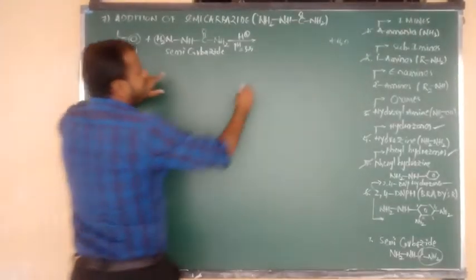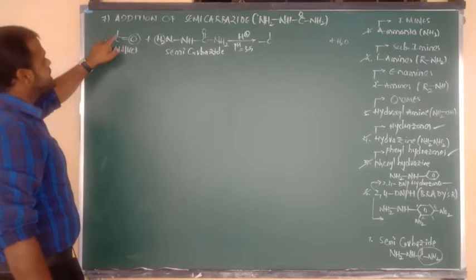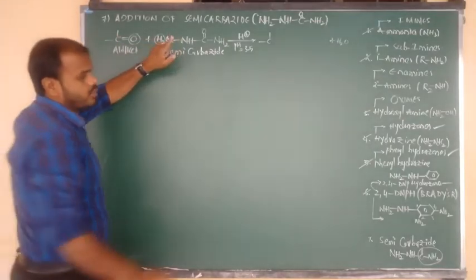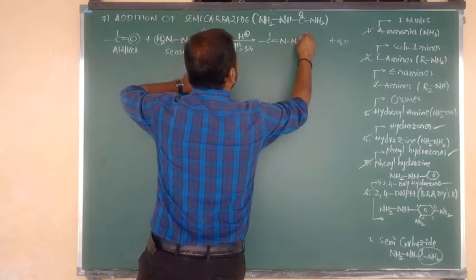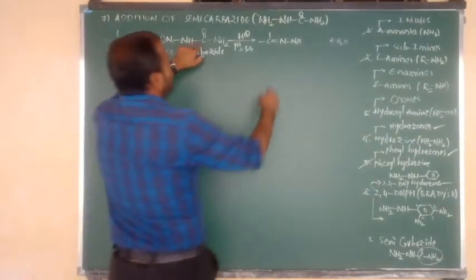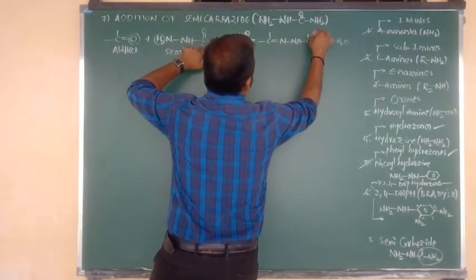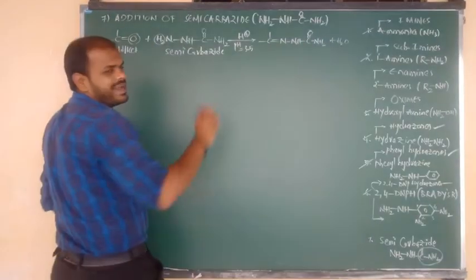Carbon contains two bonds. After that, C double bond N bonded to NH, and NH connected to C double bond O NH2. This group we have to write as it is.